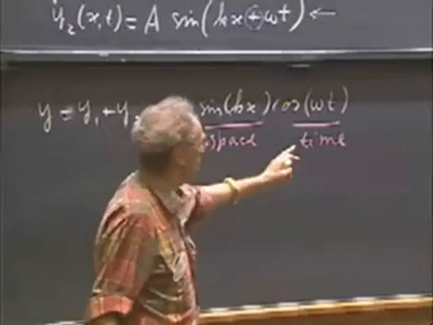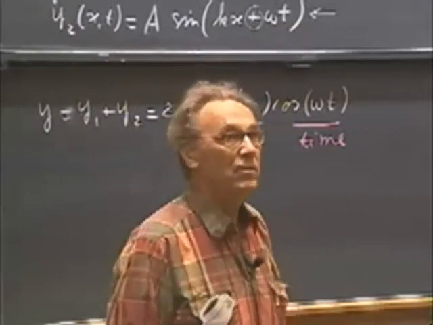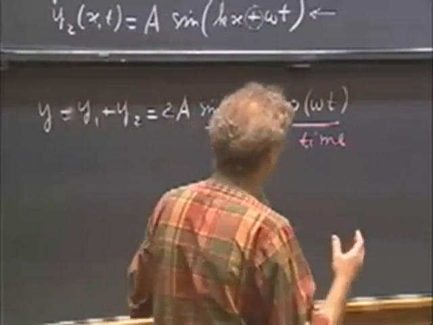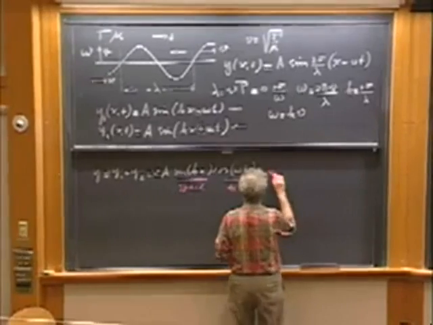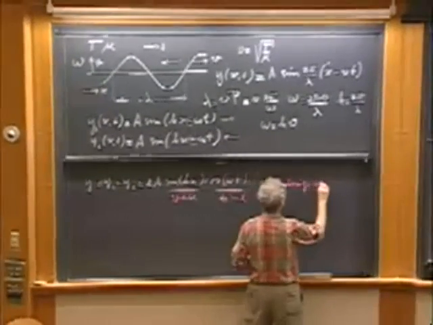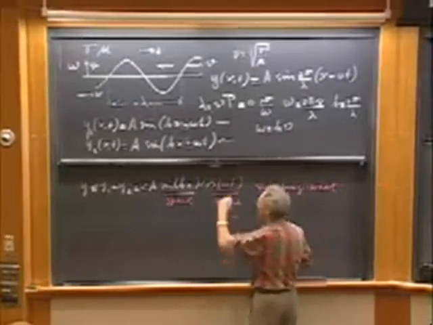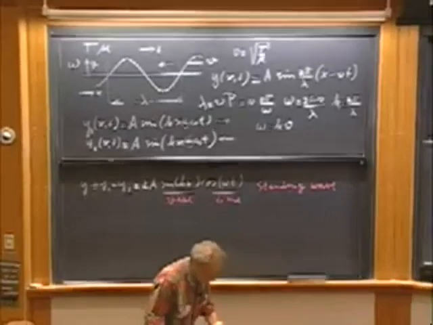The cosine omega t could never make it move. It always stands still. We call those nodes, and I will show you, of course, some examples. This has a very nice name. It's called a standing wave, whereas those that I have there, we call traveling waves.